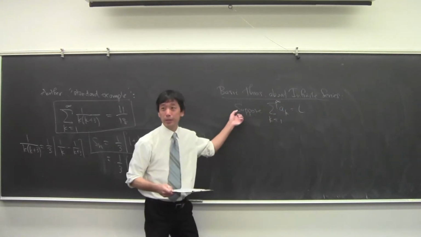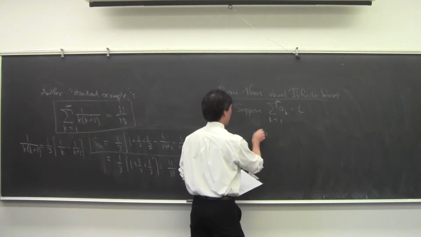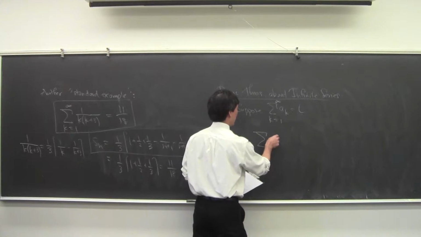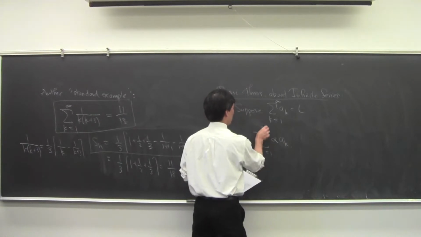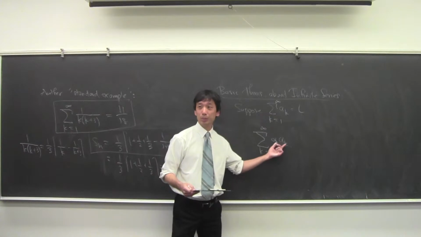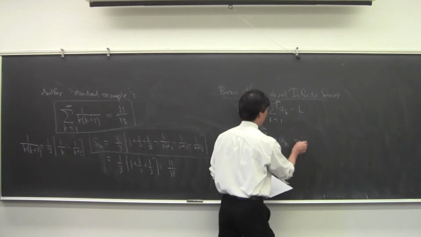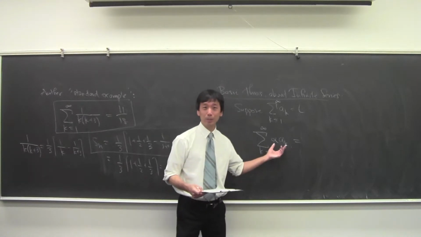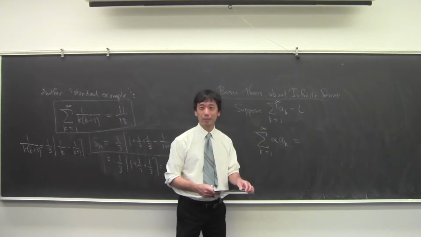And I take a different series, with some constant alpha. So you take the sum where all the terms are just multiplied by alpha. Then what do you think is going to be the limit of that?